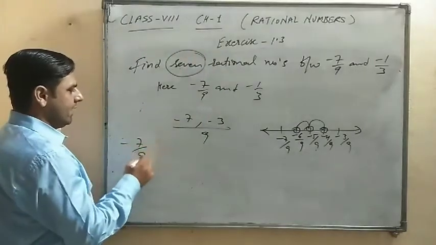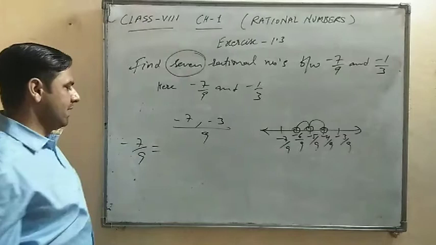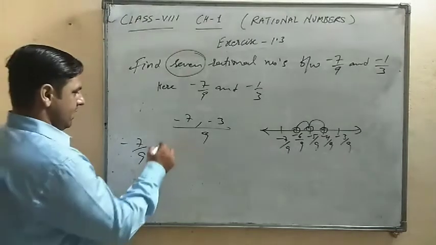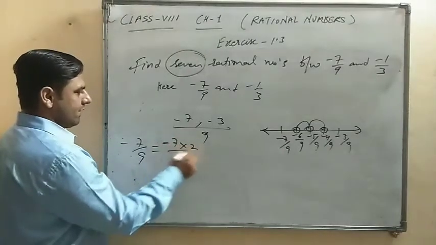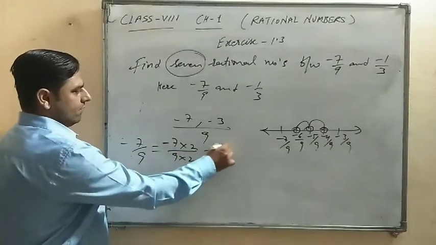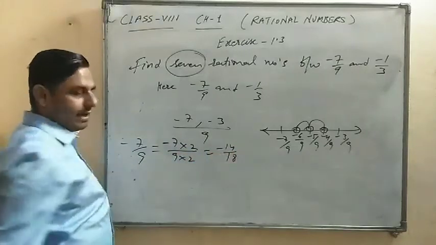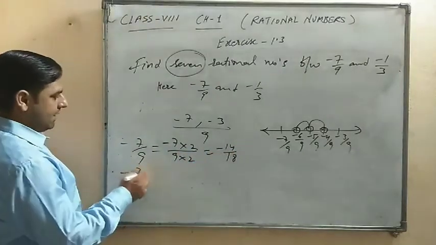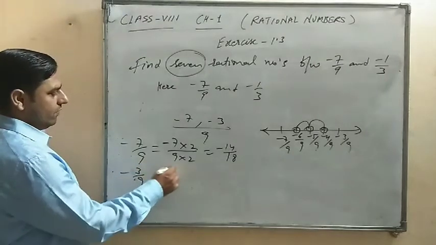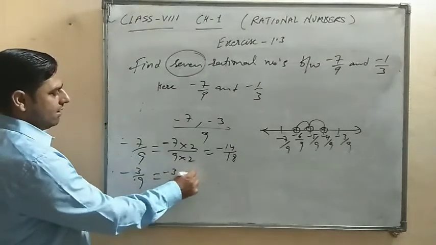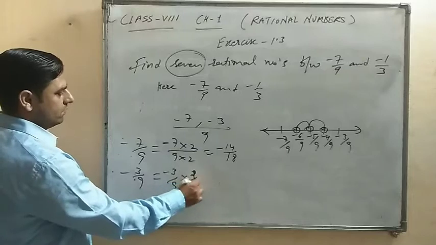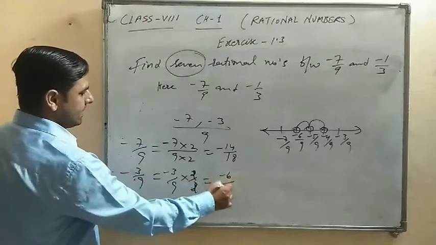If we multiply minus 7 by 9 with 2, then we will get minus 14 upon 18. Then minus 3 upon 9. If we multiply minus 3 upon 9 by 2, then we will get minus 6 upon 18.